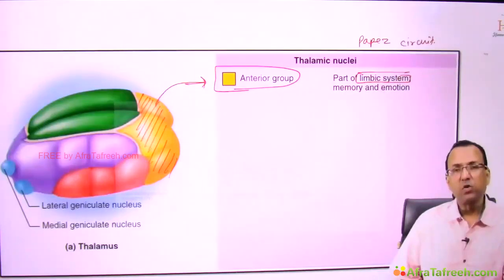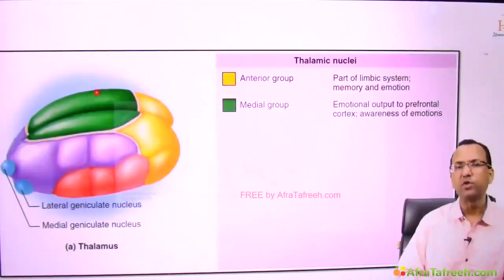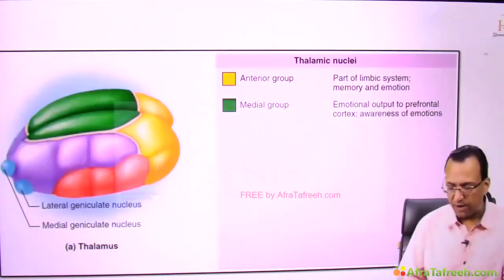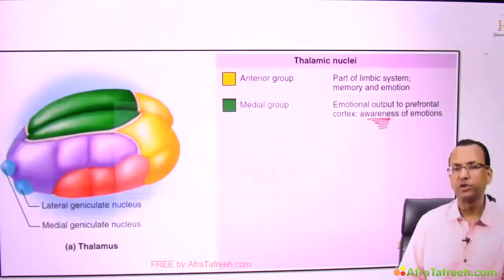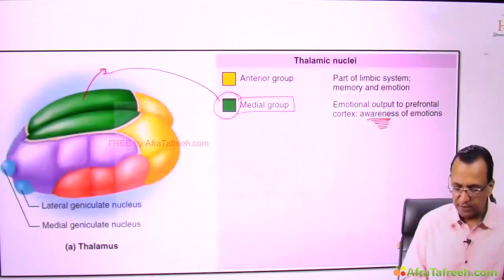Limbic system. Now, what about the second one, which is the medial group? Actually, the medial group also has something to do with emotions, but it is about the awareness of emotions, that we are aware of emotions. That awareness is given by this nucleus, the green color, you see, medial. So, the green color is the medial group. Yes, this one.